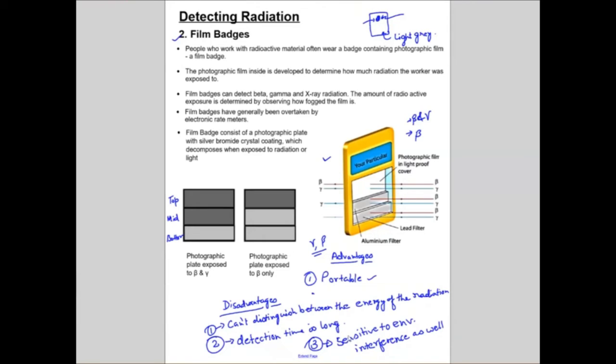It's not real time analysis of radiation. Another disadvantage is that it could be quite sensitive to environmental interference, such as heat. Because of such situations, even your film could be exposed and you could observe some dark patches over there.